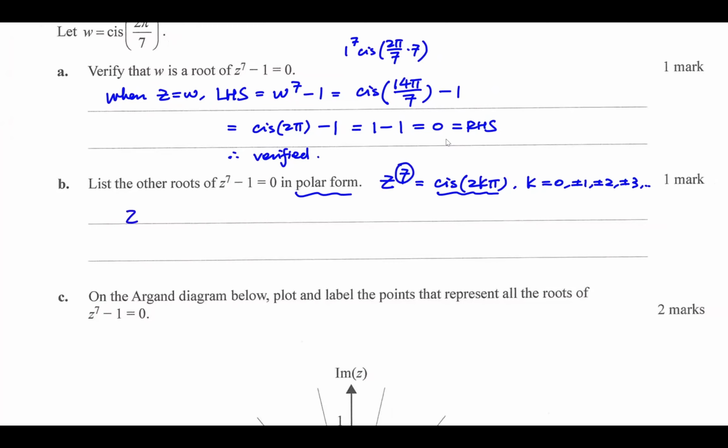So if I just choose k equals 0, I will have z equals cis 0, which is cis 2 pi, etc. But it's equal to 1 anyway.